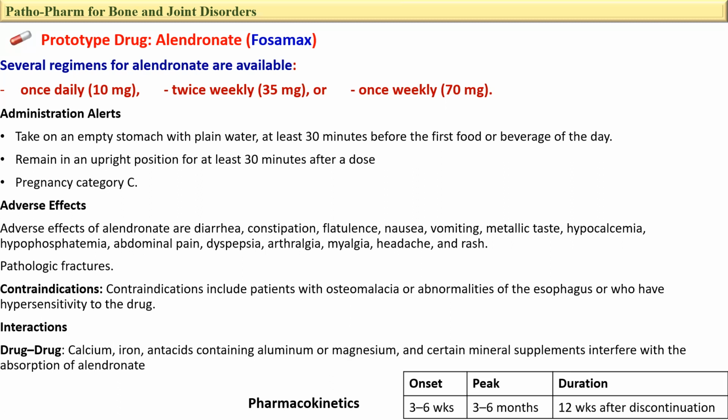Now, pathologic fractures are fractures that result from a fragile, soft, osteoporotic bone. Pathologic fractures may occur if the drug is taken longer than 3 months, or in cases of chronic overdose.